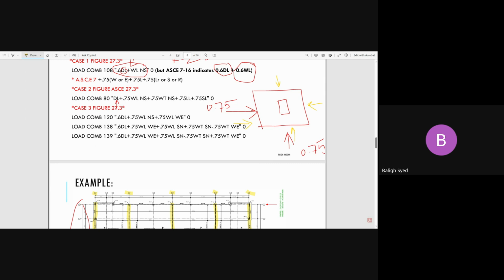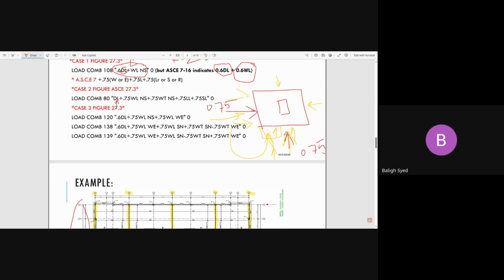If you follow this sentence, you will see wind is hitting this direction, and at the same time you are taking the effect from this direction also. At the same time wind can hit at this corner, right? So you will have some kind of pressure here.